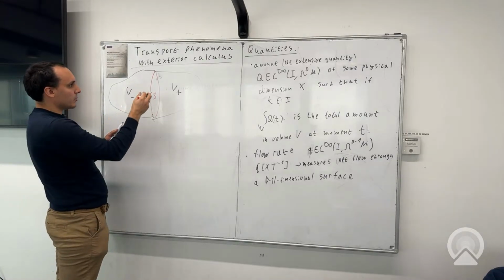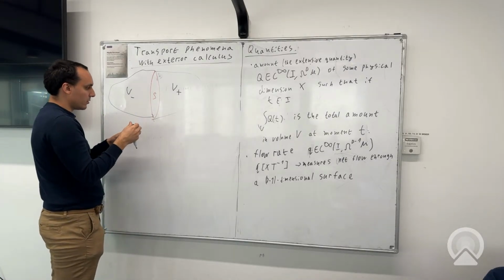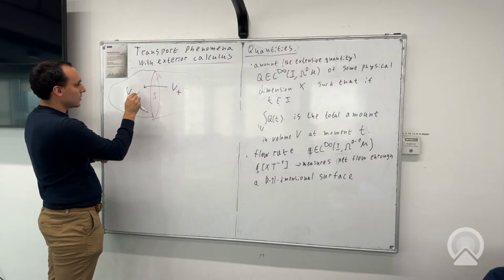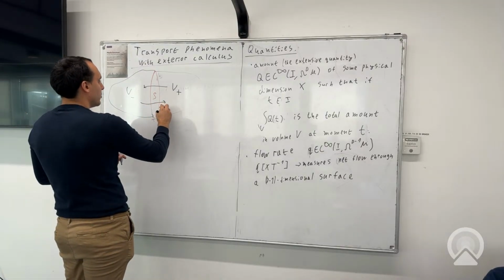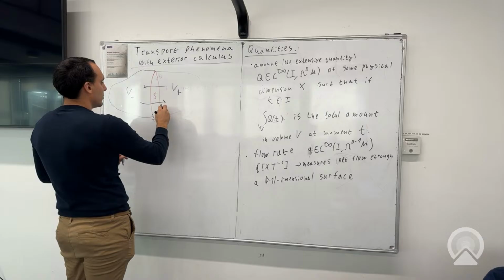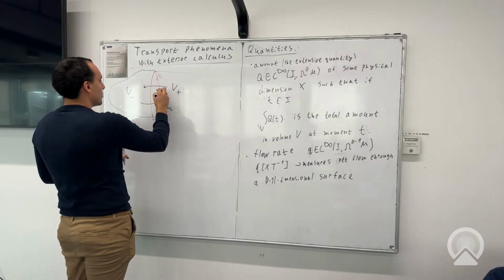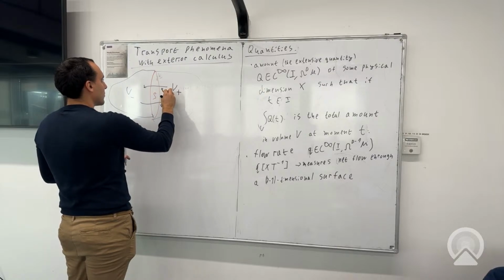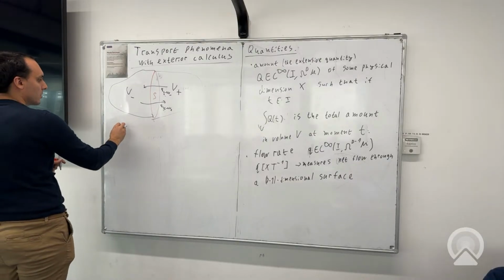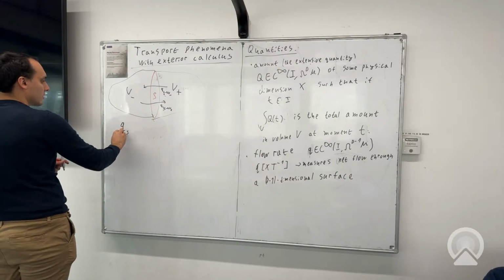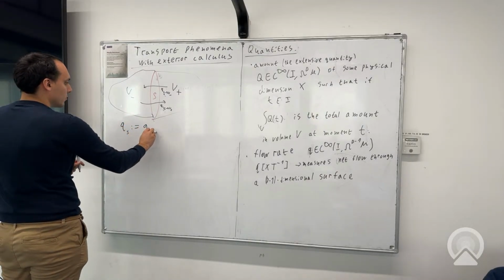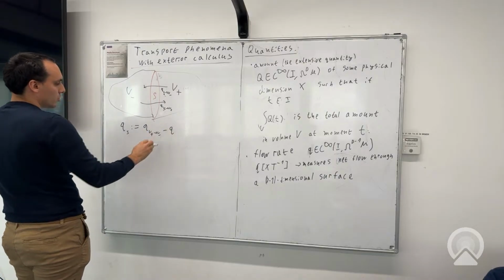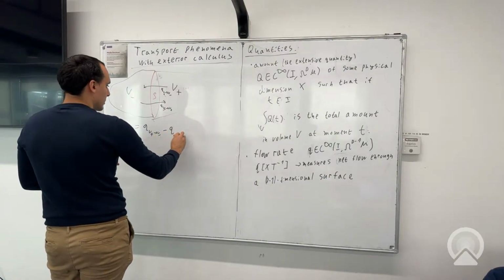And there is some transport from here to here through S and from here to here through S. So this is, for example, Q from V minus to V plus, and this is Q from V plus to V minus. And so Q at S is by definition Q from V plus to V minus minus Q from V minus to V plus.